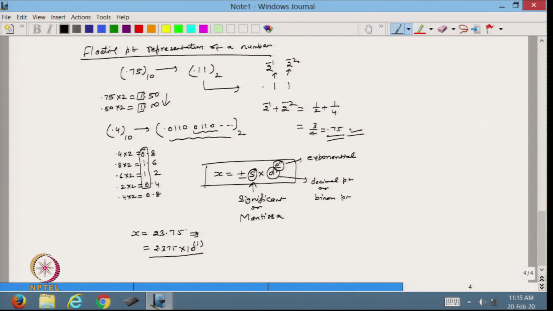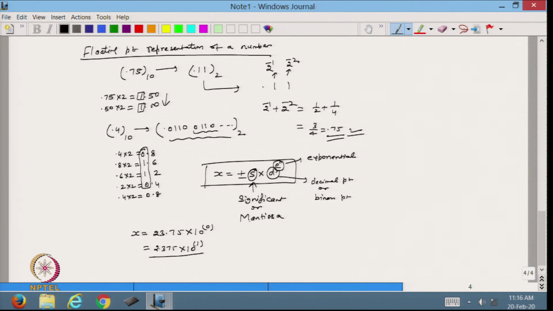If somebody asks me to write the same number, it can also be written with 10 raised to power 0. The only thing is that here we have 2 digits before the decimal, and in this case we have 1 digit before the decimal. So, we have to define what is basically a well accepted form of the number.